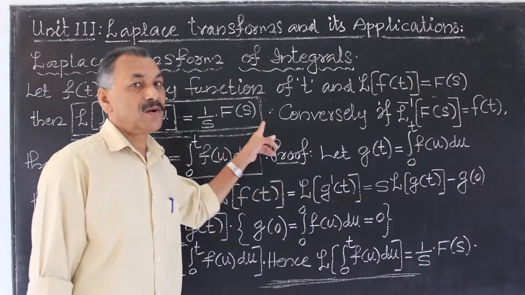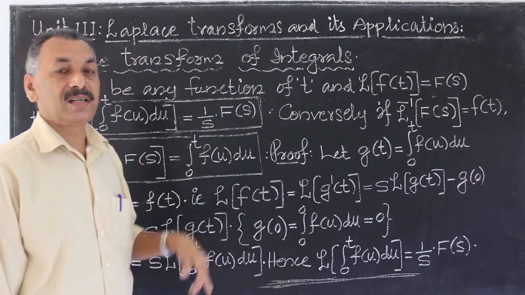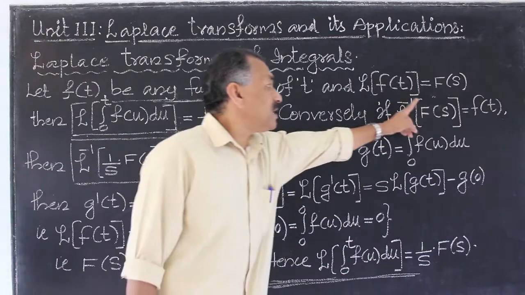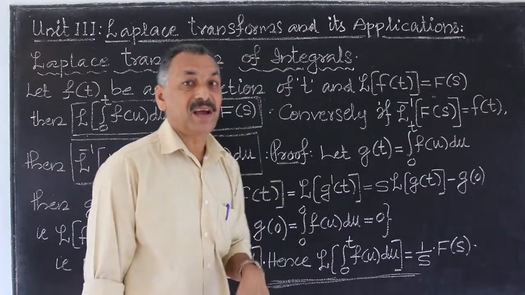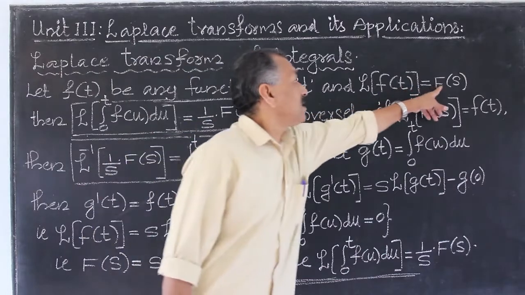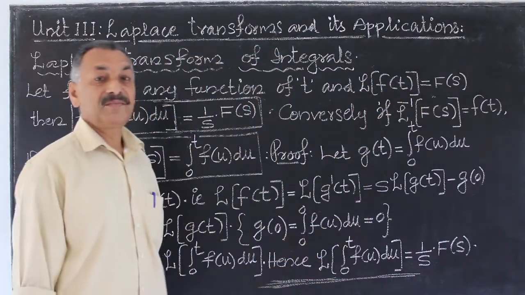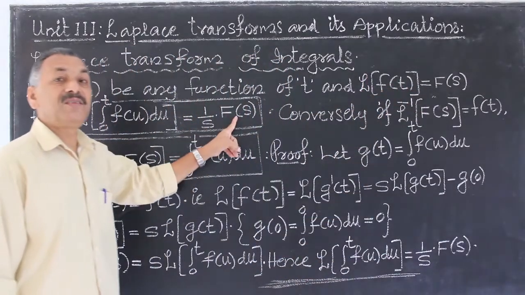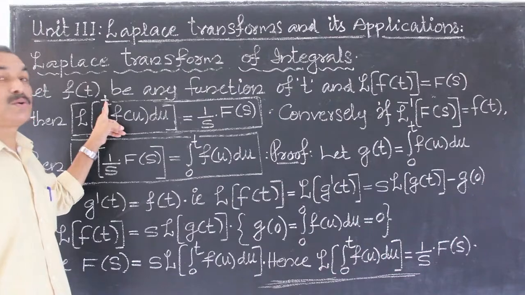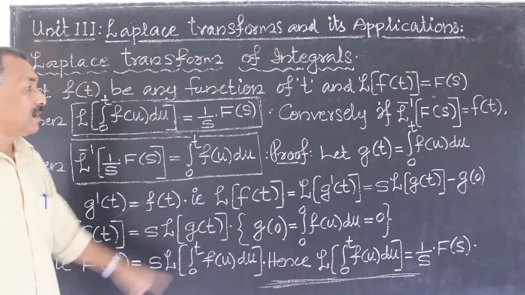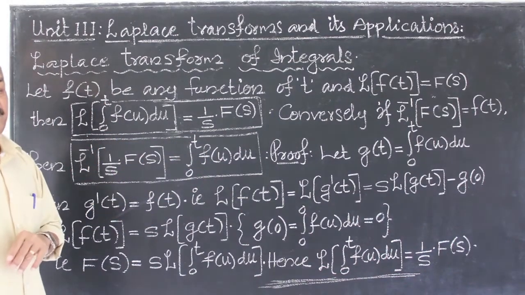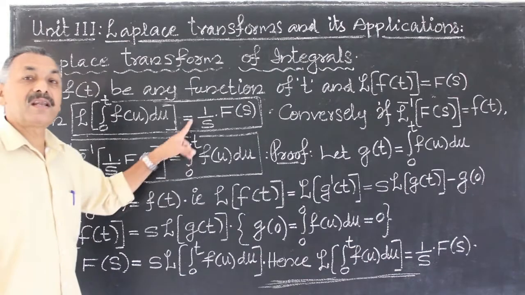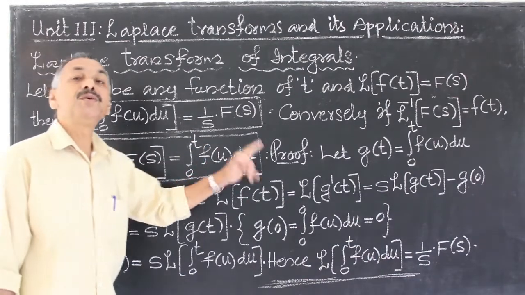Conversely, the converse part is very important. If L inverse of F of s is equal to f of t, then L inverse of 1 by s into F of s is equal to the integral from 0 to t of f of u du.